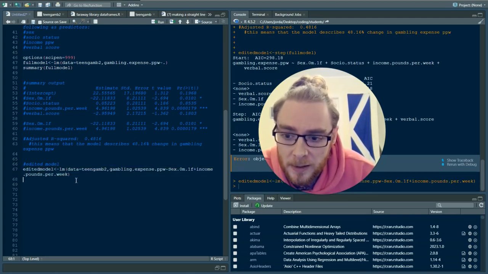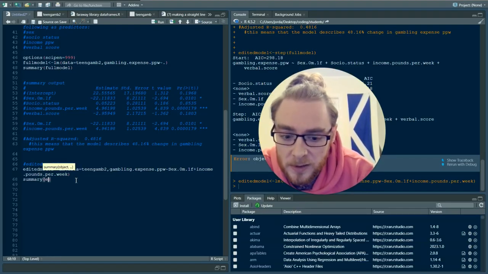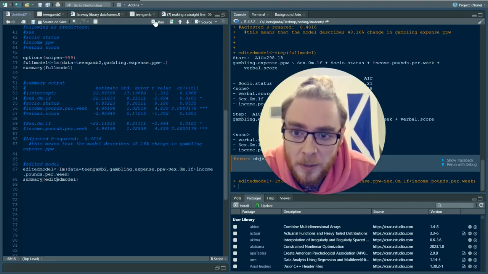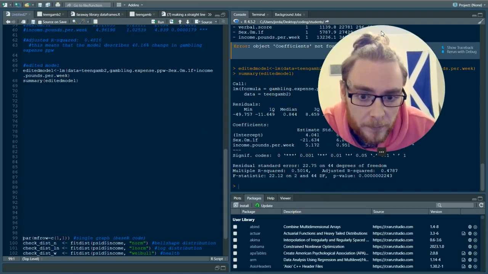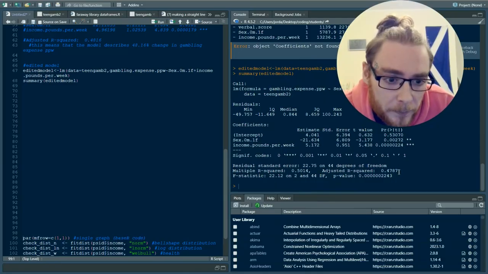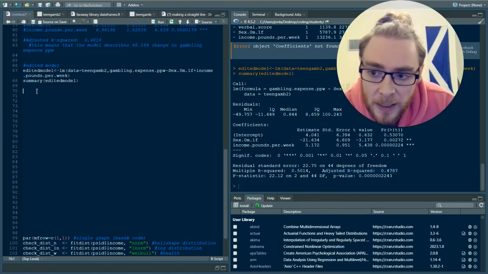Okay, so that's the new model set up. Okay, so this is now going to run summary edited model, and we'll get some output again. Now these two are both significant as we saw before, and you have an adjusted R squared of 0.4787.